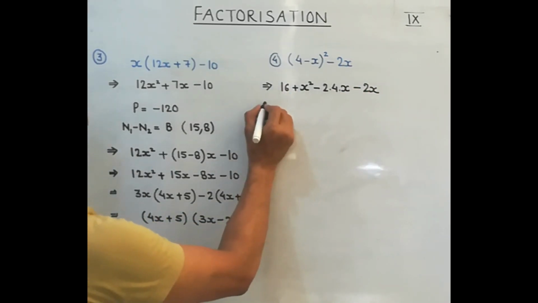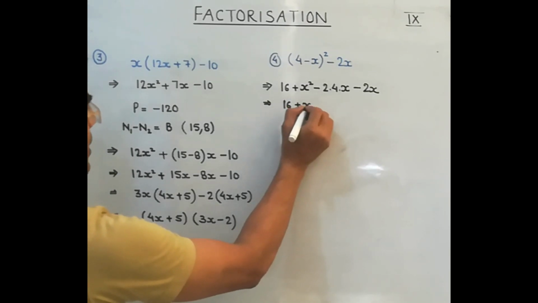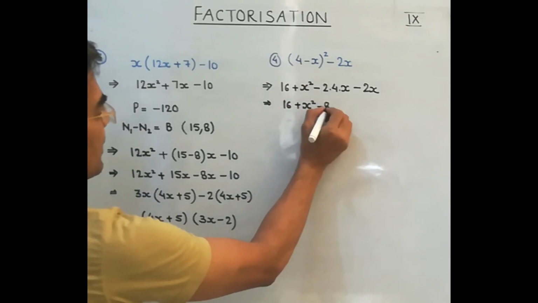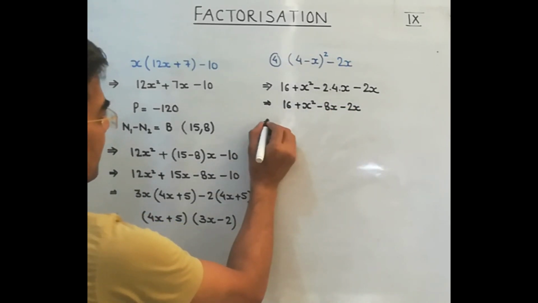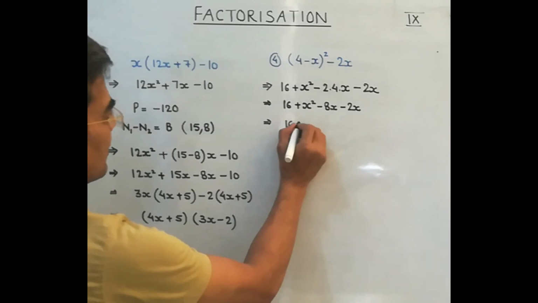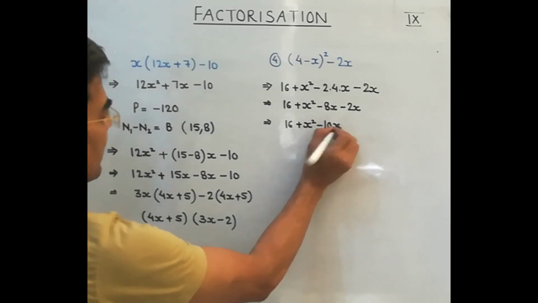We have opened the bracket. So we are getting 16 plus x square minus 8x minus 2x. So it's 16 plus x square minus 10x.